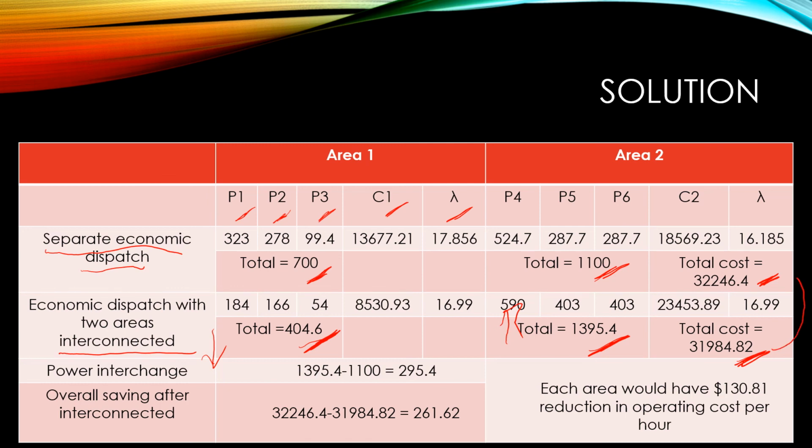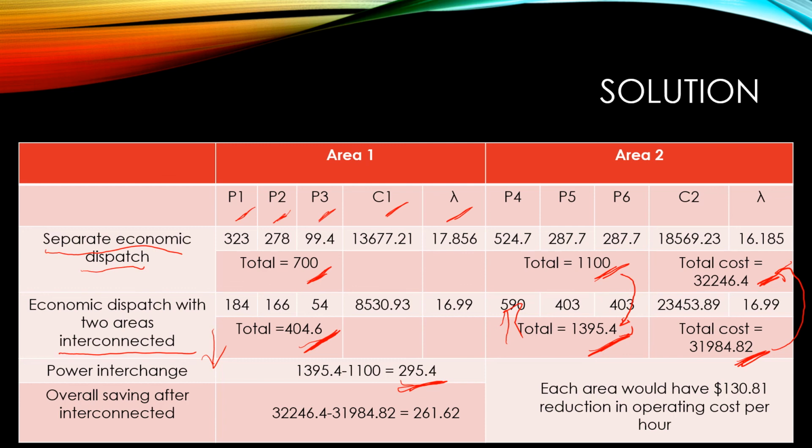When we compare with the previous case, the amount is reduced and power interchange happened. The power generated is now increased from 1100 to 1395. So 295 megawatt is shared between the two areas, with area 2 supplying this power to area 1.